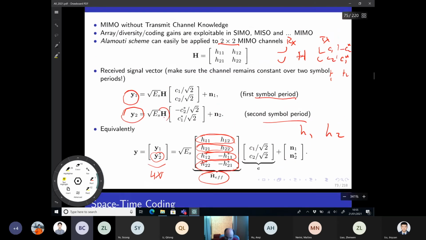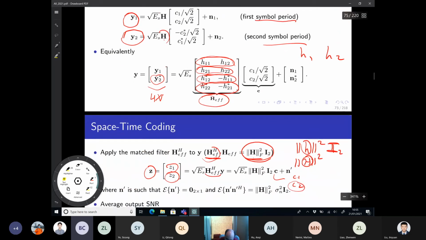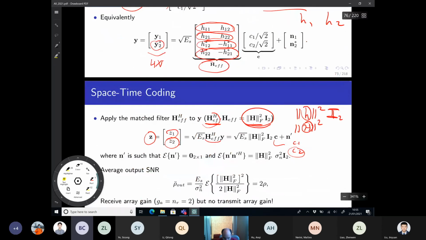Importantly, this channel matrix again has to be constant between time 1 and time 2, in the same way as with the original Alamouti scheme. So what will be the diversity gain of this scheme? Well, you can imagine already: the effective SNR is proportional to this, and you have 4 coefficients, H11 square plus H12 square plus H21 square plus H22 square.